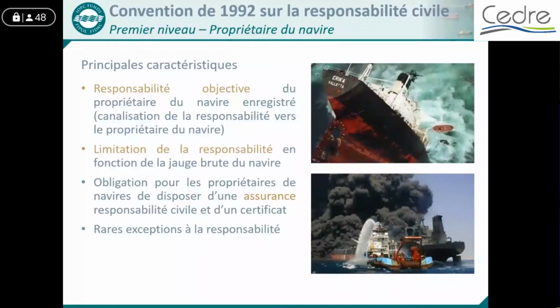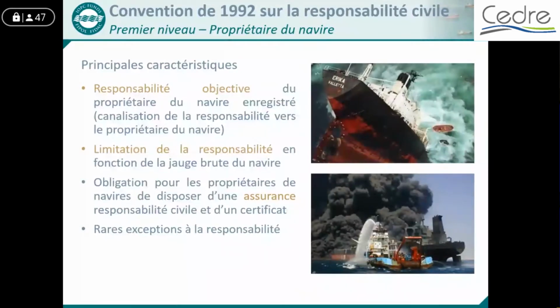And then with respect to other stakeholders which may or may not be involved or be the cause of the accident, if the accident takes place due to a collision, for example. But the idea is to ensure the speediest possible payment.